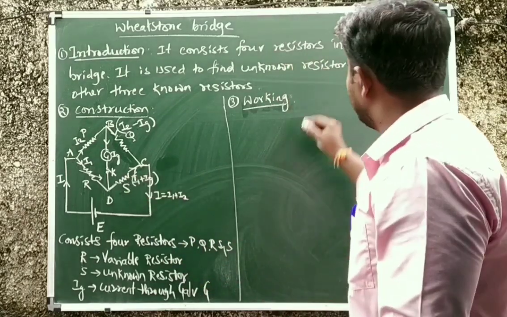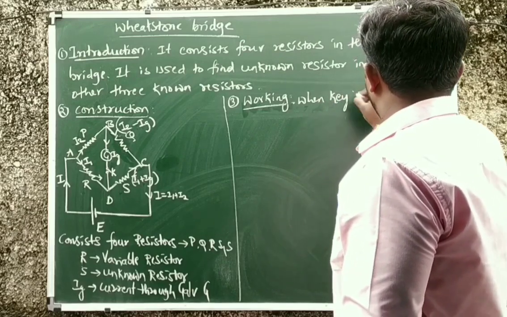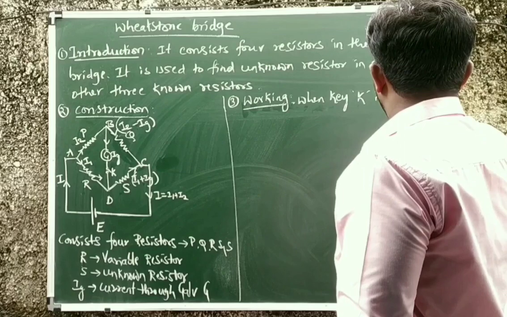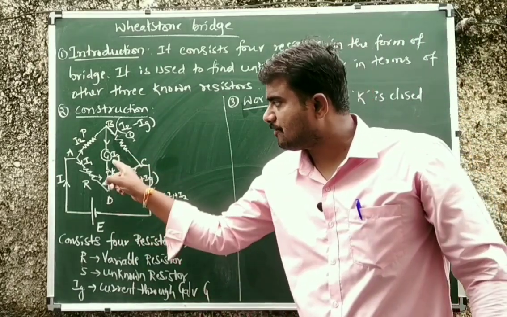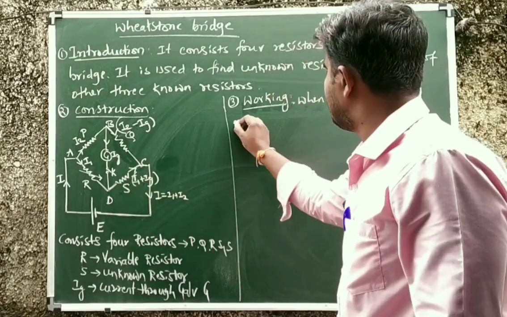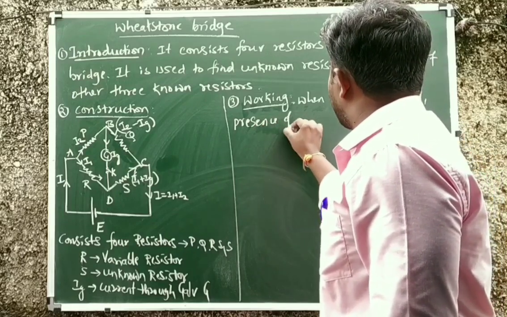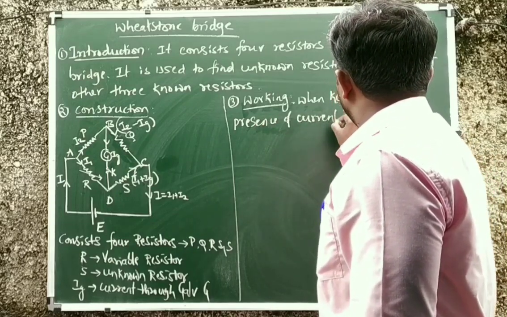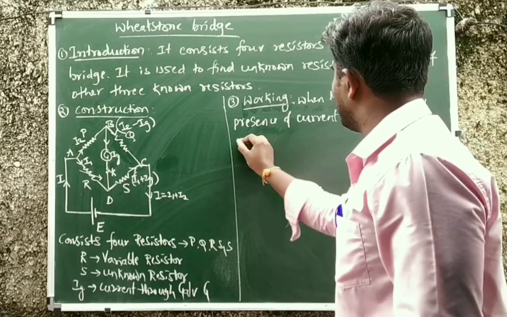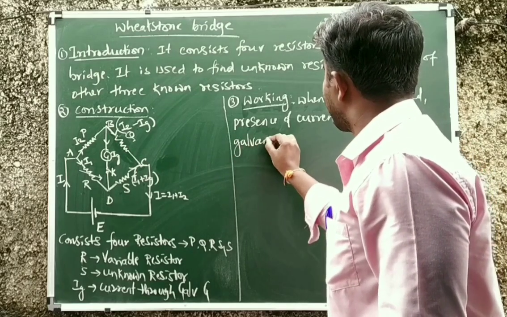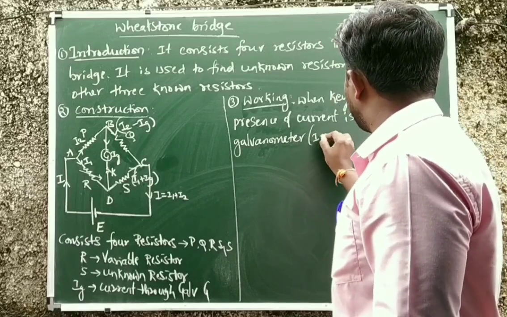See here, the key is there. When the key K is closed, what happens? This galvanometer will show a certain deflection. It means the presence of current is indicated by the galvanometer, and that current we have already told, it is IG.